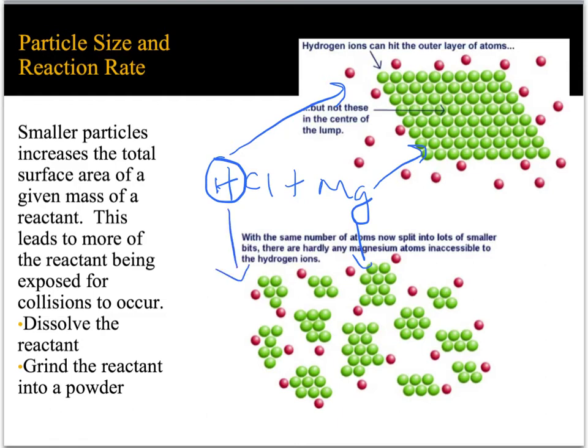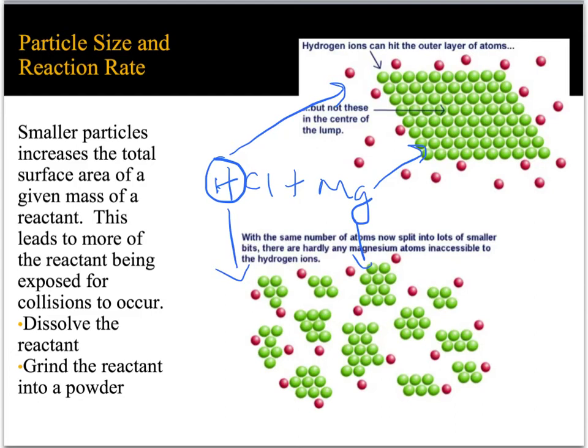So what you should notice here is that in the top diagram, the hydrogen ions can surround the piece of magnesium, but they can't get to the middle. Versus when you take the magnesium and break it up into smaller pieces, so you've increased its surface area, the hydrogen atoms can get to the middle of it. They can pretty much surround lots of magnesium rather than just one big lump. So when they can surround it more, there's going to be more collisions.